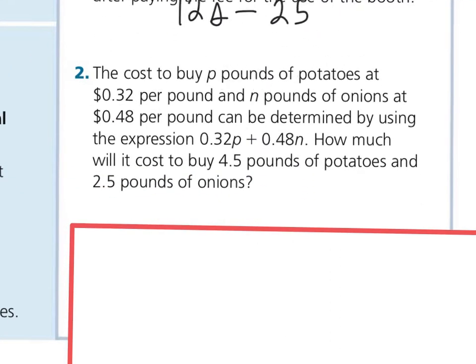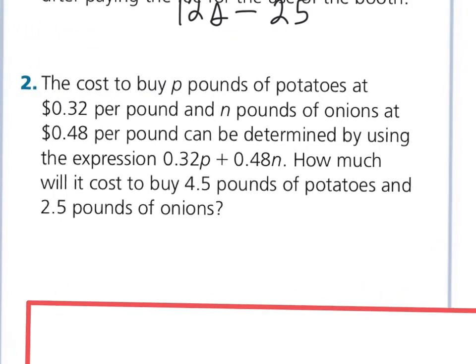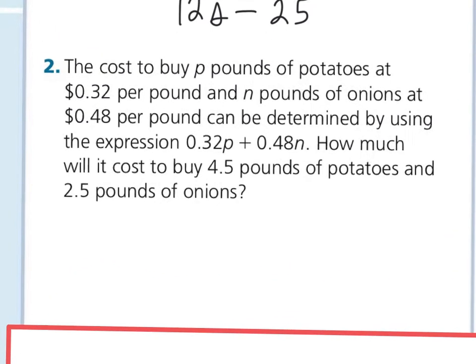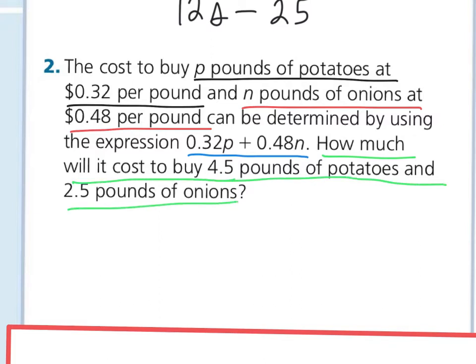If you look at number 2, the cost to buy P pounds of potatoes at 32 cents per pound and N pounds of onions at 48 cents per pound can be determined by using the expression 32/100ths P plus 48/100ths N. So the question is, how much will it cost to buy 4.5 pounds of potatoes and 2.5 pounds of onions?